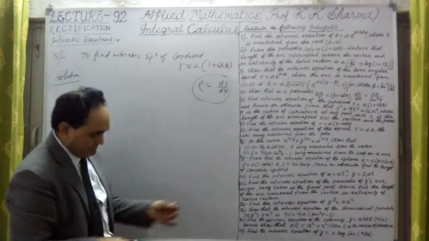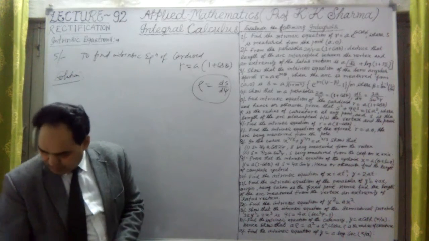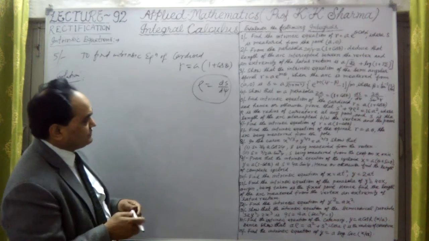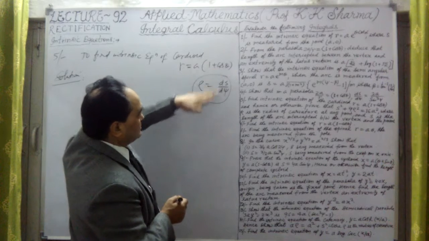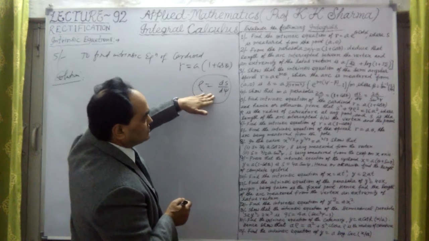I'll change the marker. Now it says to find the intrinsic equation of this cardioid, and to prove s² plus 9ρ² equal to 16a². Try to understand, this is what we have to prove.